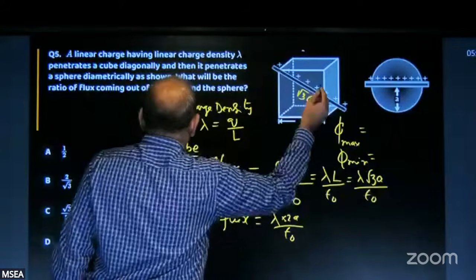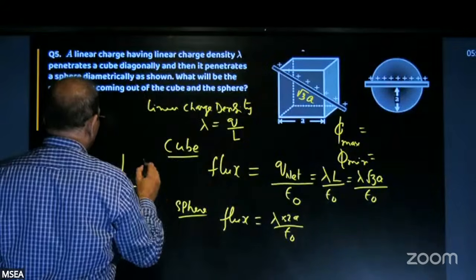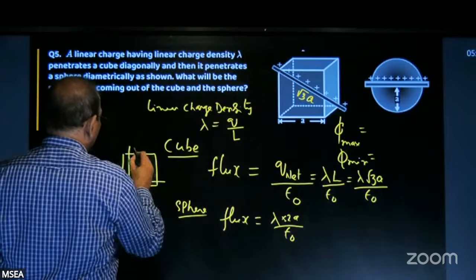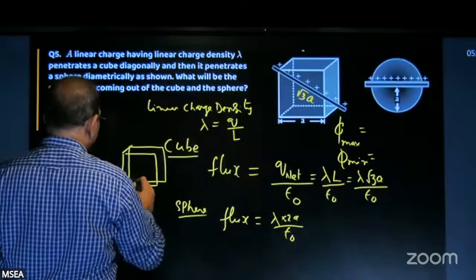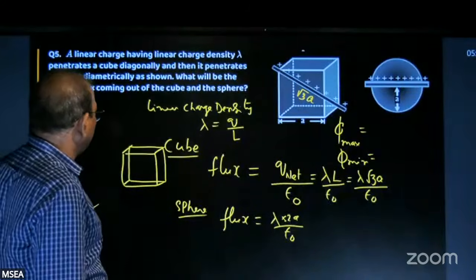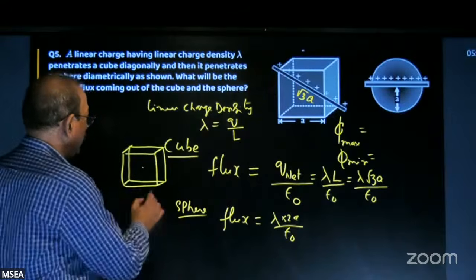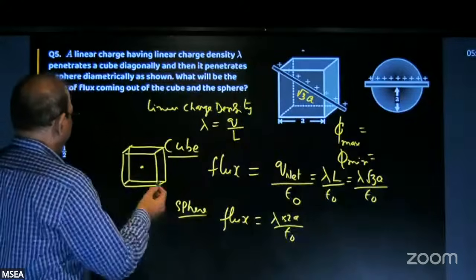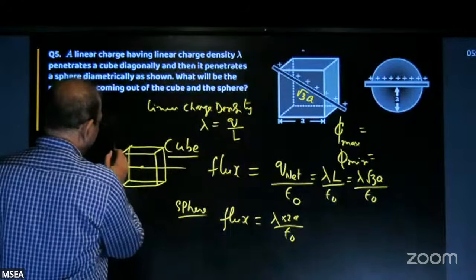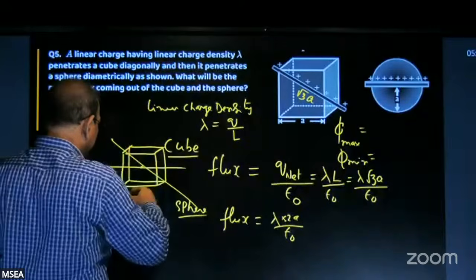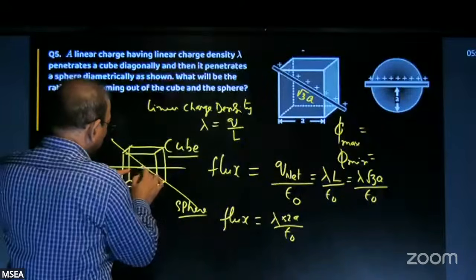Maximum length of the wire means, if you have a cube like this, I want to arrange a long wire passing through the center of this cube, it should pass through the center, okay? I can arrange it like this. I can arrange it along the body diagonal. In different ways I can arrange, but the wire should pass through the center.